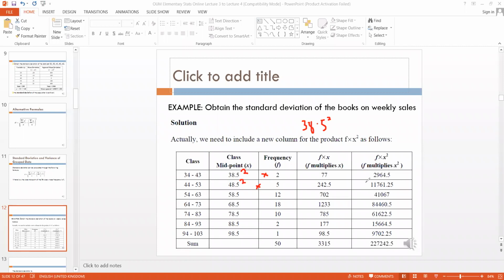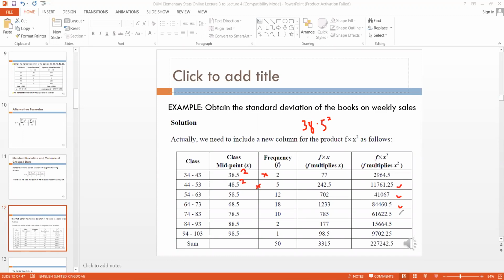Hello, class? I didn't hear. Yeah, so what did you get for 48.5 squared times 5? 11,761.25. Okay. So these are the values you get when you do the products, the multiplications.